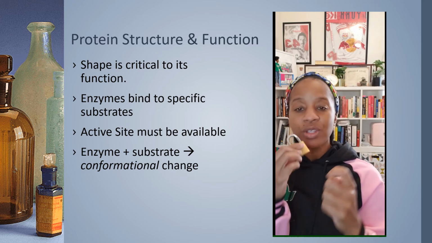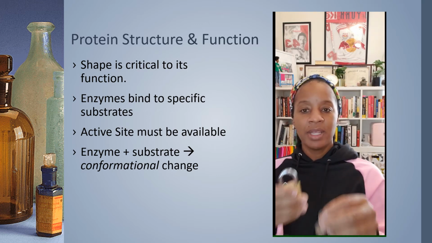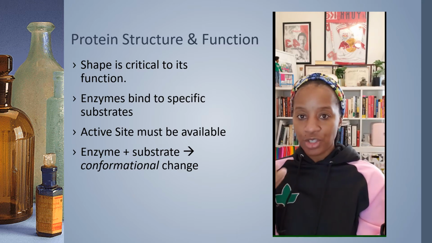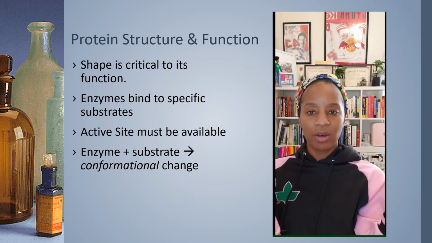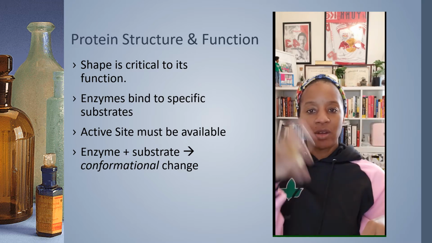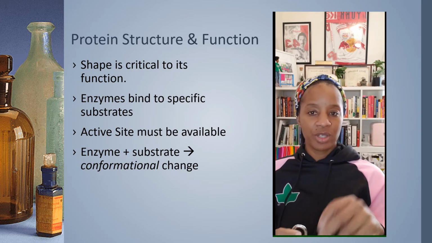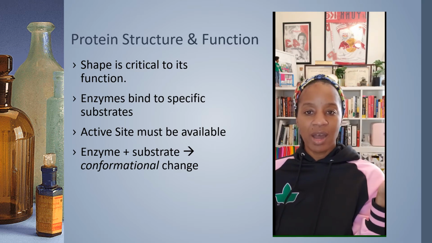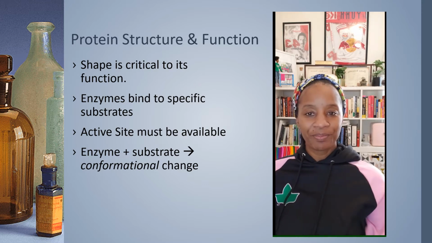Okay, so this is a checks and balances system that protects our enzymes and protein function from being activated by any old enzyme or any old substrates that happen to bump into each other. If an active site is accidentally exposed, it's okay because we don't have the right enzymes there to activate it. Okay.